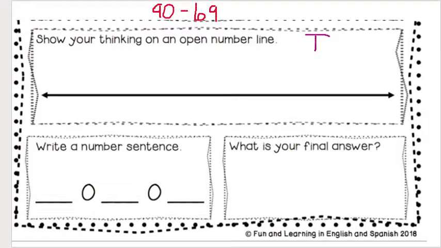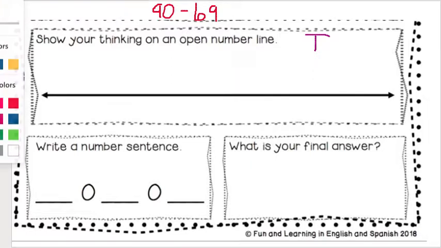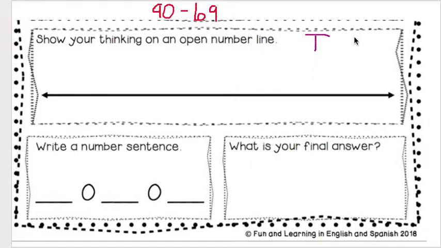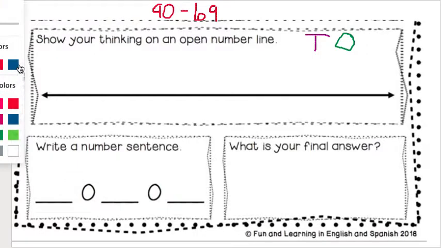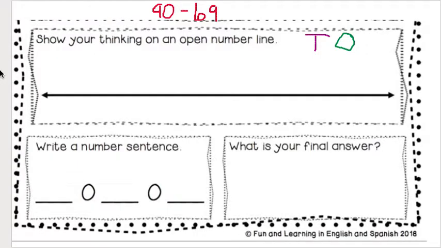And I'm going to put my O for my ones in green because I'm going to use that for my ones today. All right, the big important thing about number lines that's different when you're subtracting is you're going to start at the end of the number line instead of the beginning. And we're still going to put our big first number there. So we're starting with 90.